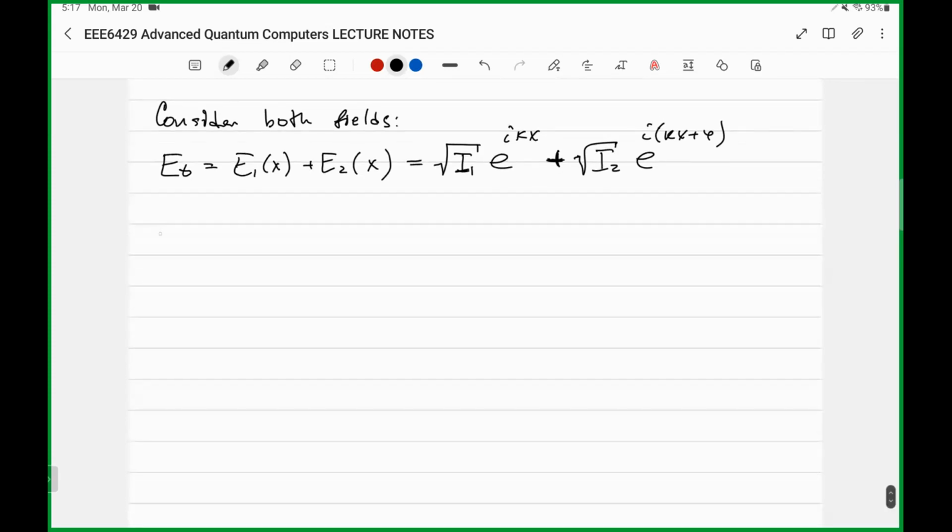And now let's calculate the intensity of this total field from both sources, right? So it will be the modulus of square root I1 e to the power of ikx plus square root I2 e to the power of i(kx plus phi), squared.